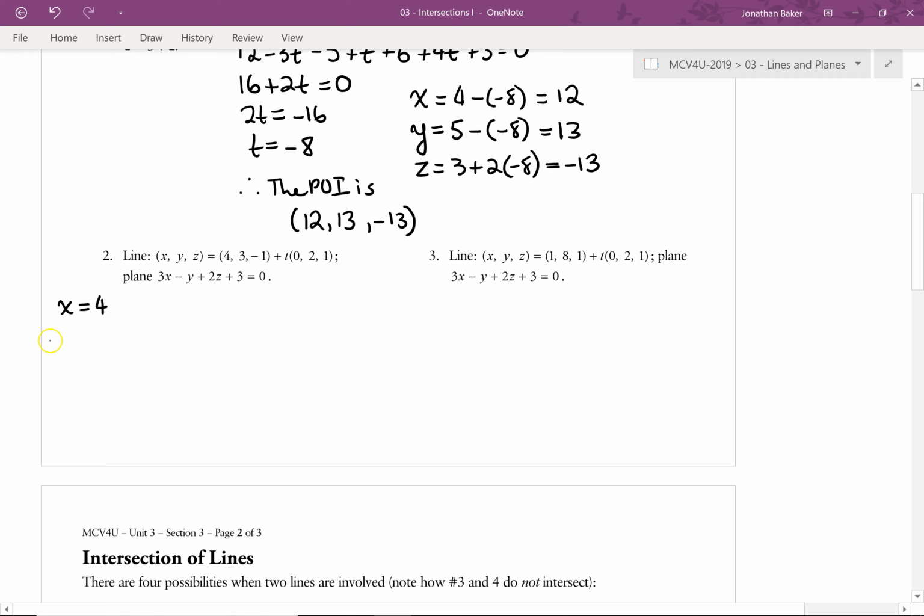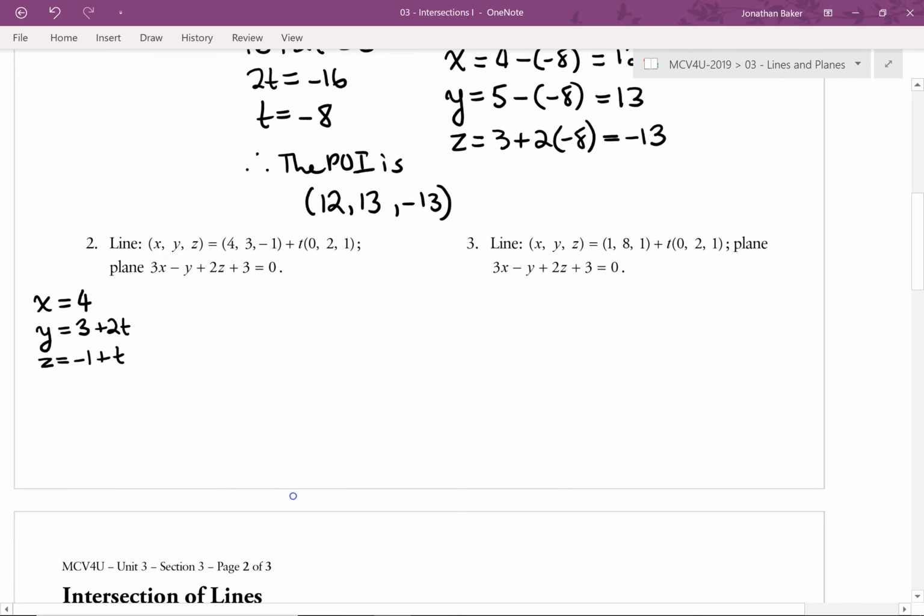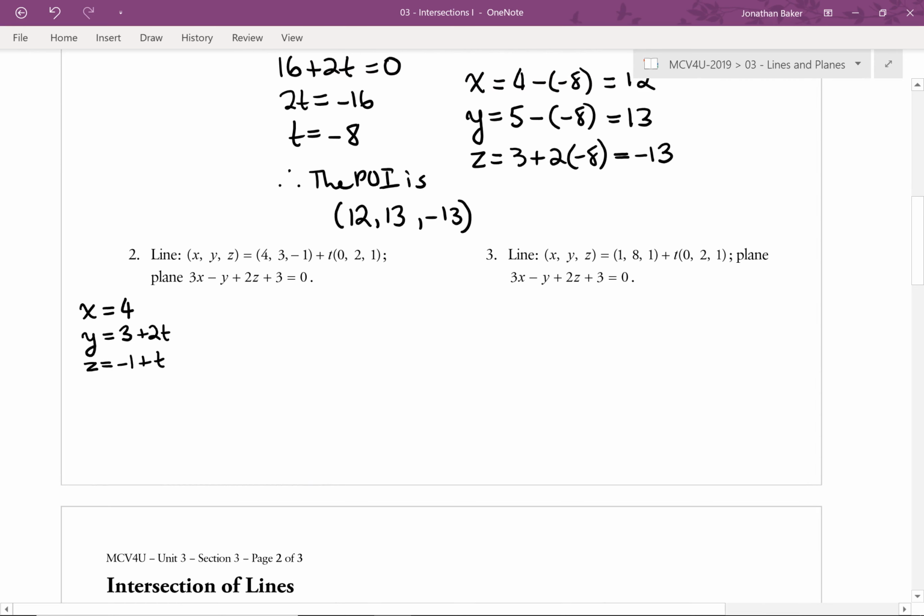And let's write y. So y is equal to 3 plus 2t, and z is equal to negative 1 plus t. Okay, zoom in a little bit. There we go. So now what we can do is input these three things into the plane.